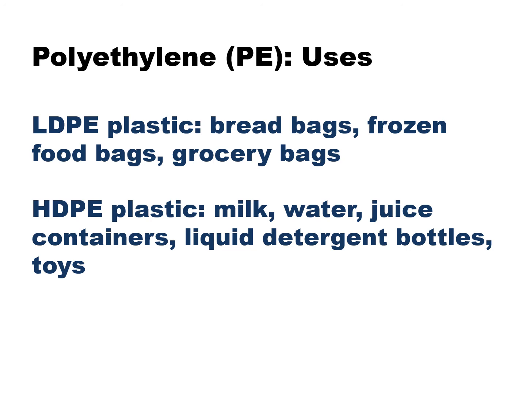LDPE plastics are used for bread bags, frozen food bags, grocery bags, whereas HDPE plastic, you will rather use that for milk, water, juice containers, liquid detergent bottles, toys, etc.